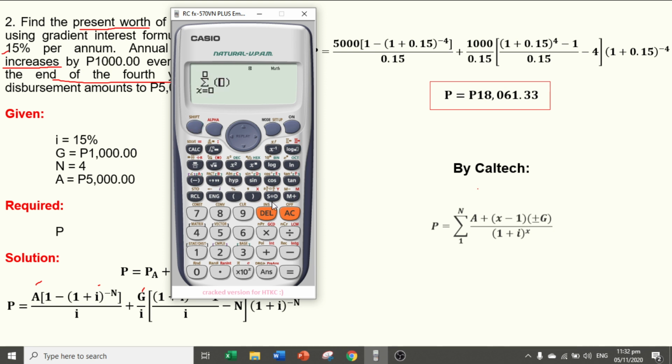Now, solve natin by using the calculator technique. So, anong A natin? A natin ay 5,000. Plus, alpha x minus 1. Ano yung G natin? Positive or negative? Since sinabi dyan ay increases, positive G tayo. So, positive 1,000 over 1 plus I, 1 plus 0.15 raised to alpha x.